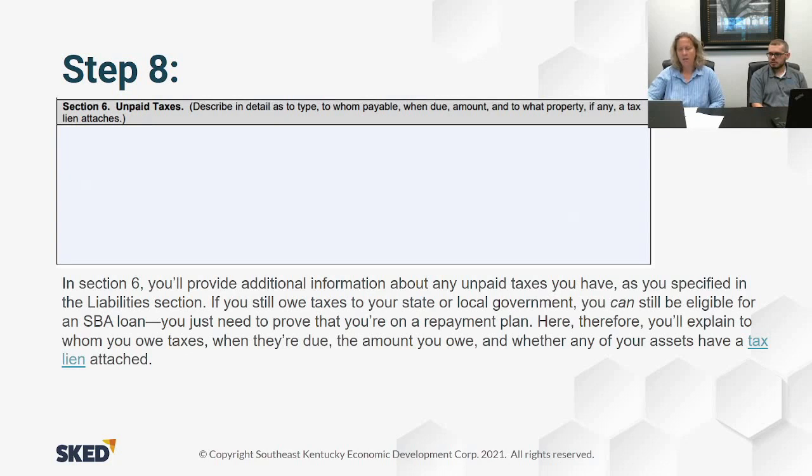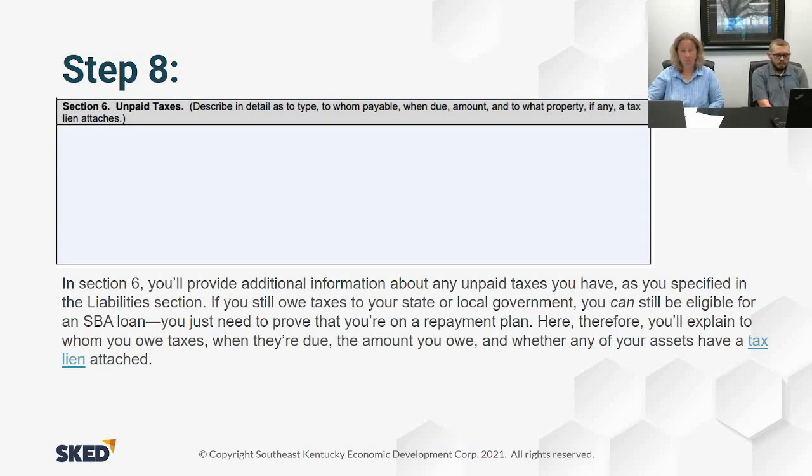Unpaid taxes. Some people assume that if they have unpaid taxes, they are not going to be eligible for federal loans. That's not always the case. If you have worked with the IRS or Department of Revenue and you have put together a payment plan that you are sticking to, it's not going to automatically knock you out of the ability to get a loan.